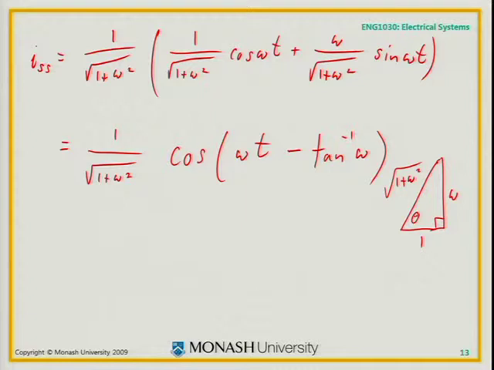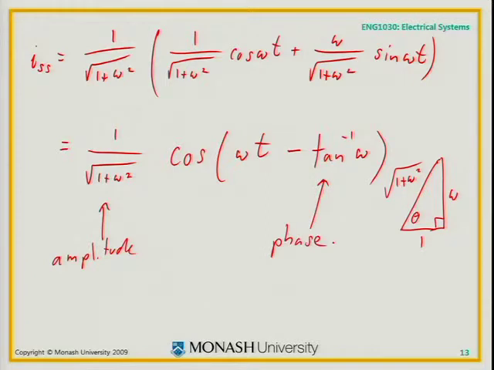That angle theta is the one we were after, and you use the identity that cos of A plus B is what? Cos A, cos B minus sine A, sine B. Is this all right? You've certainly done that before. So I can write it in this way. So that's the amplitude and that's the phase.